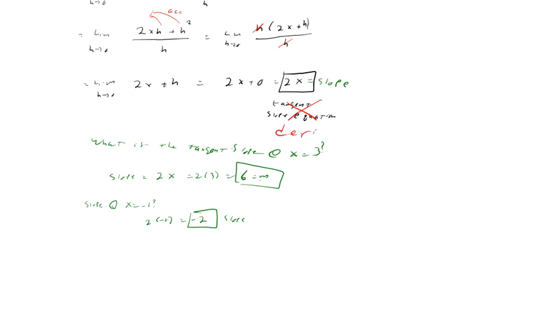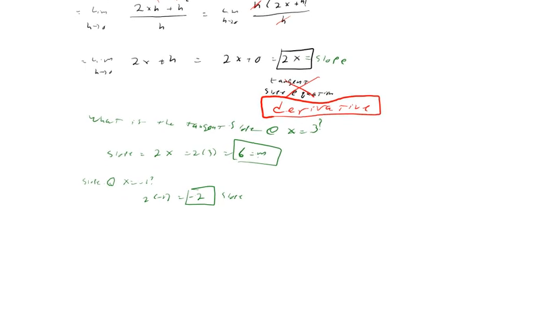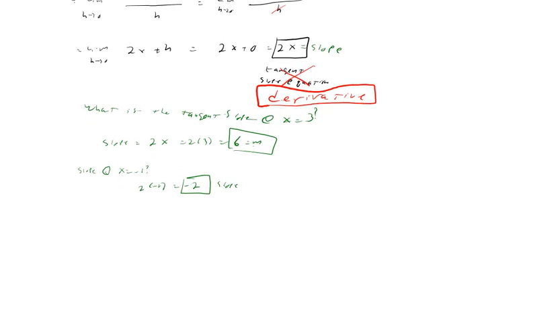What we have found is what we call in calculus the derivative. The derivative is the tangent slope equation. We found the derivative.